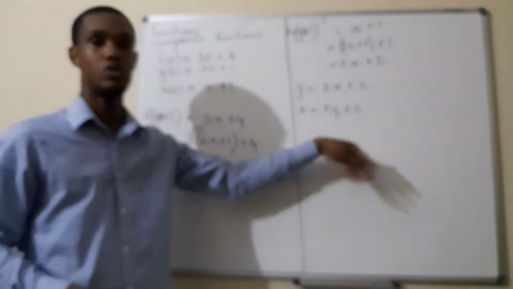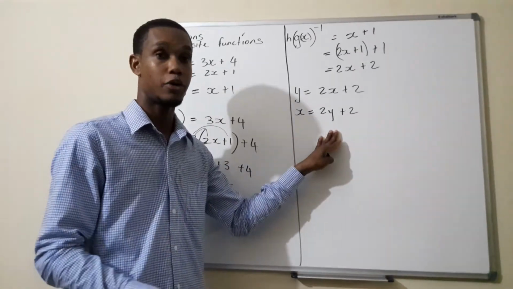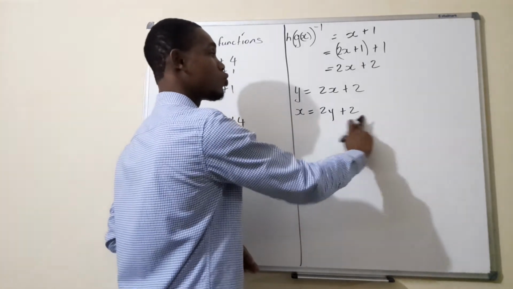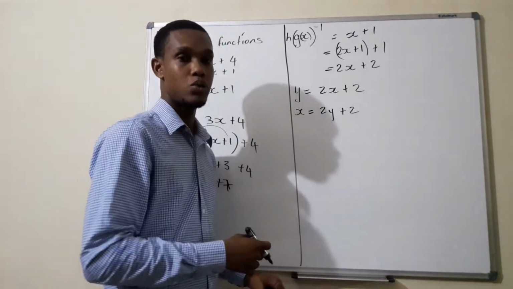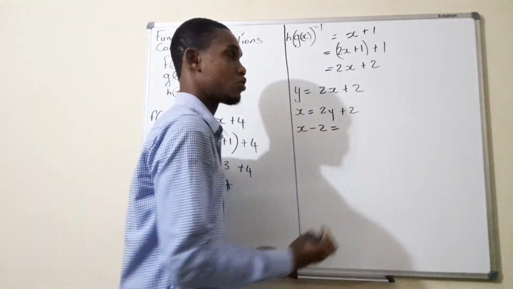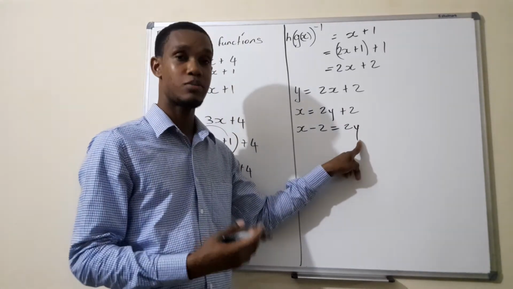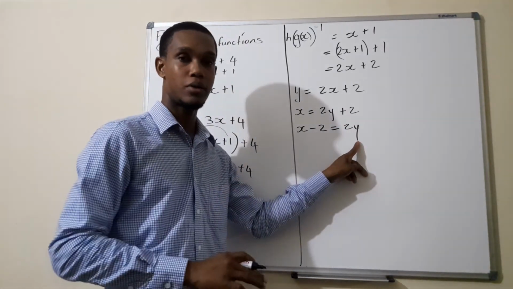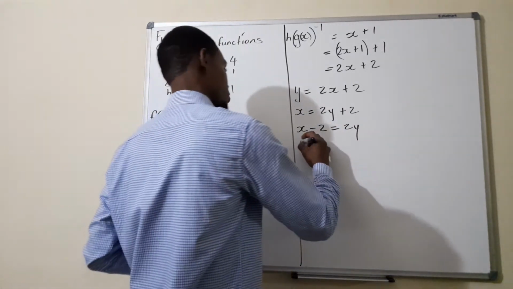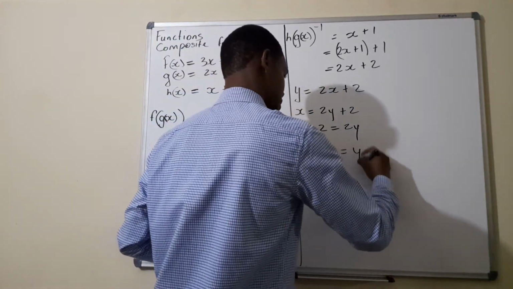When you get here, you'll start trying to solve to get y by itself by undoing all operations. So 2 was being added to y, so you'll do the opposite, which is subtract. So you'll say x minus 2 equals 2y. Here, the y is being multiplied by 2, so you do the opposite, which is to divide. So this would be x minus 2 all divided by 2 is equal to y.